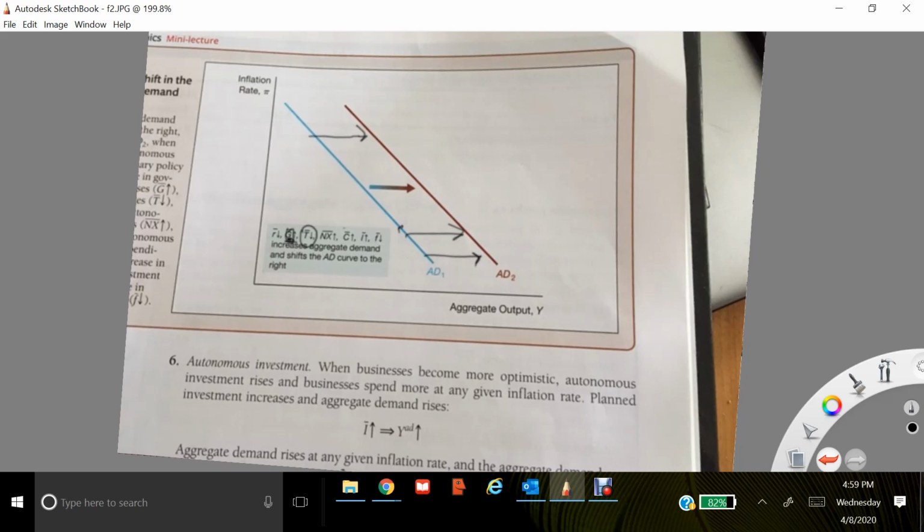Okay, so you could go through each of these. They're all explained in the text. And so that's how we would get a shift to the right of the aggregate demand curve. Okay? Very good. Let me stop there.